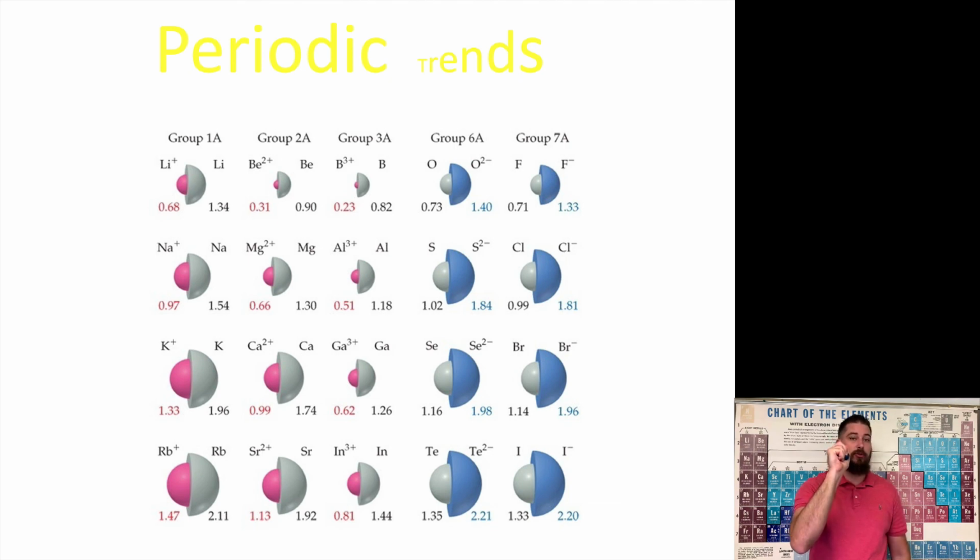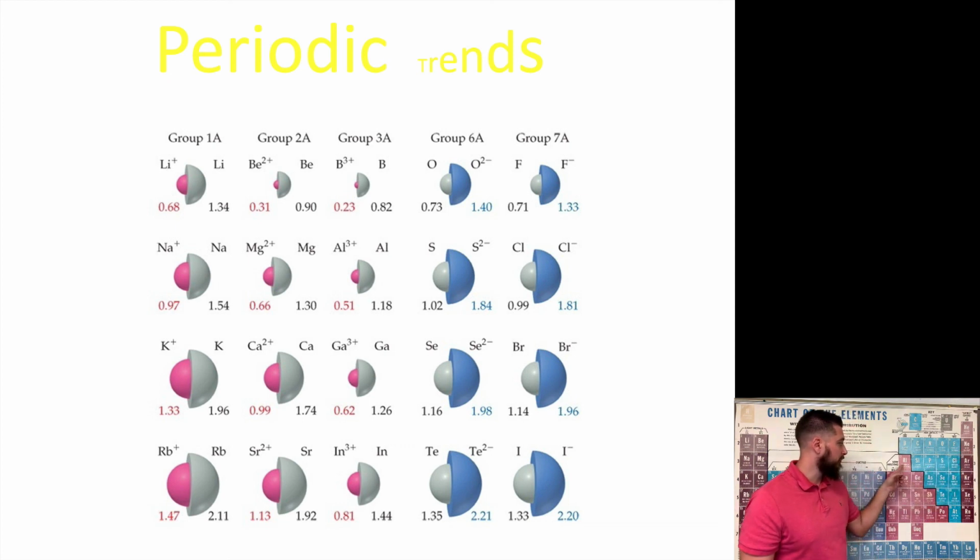What if there's a smaller force of attraction? Then it's not so squished. So even though this has more electrons and more protons, it's going to be smaller than this because there's a larger force of attraction between the electrons and the nucleus.